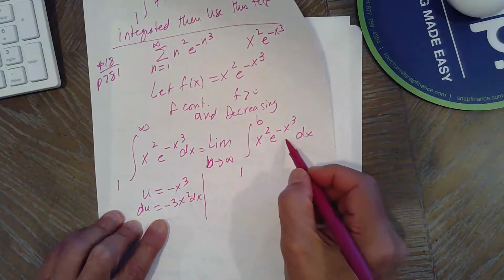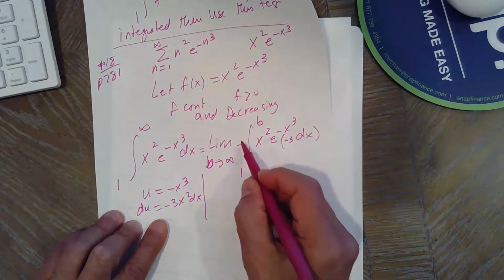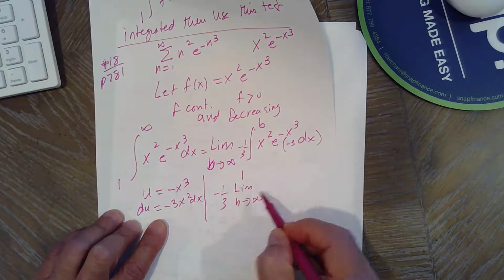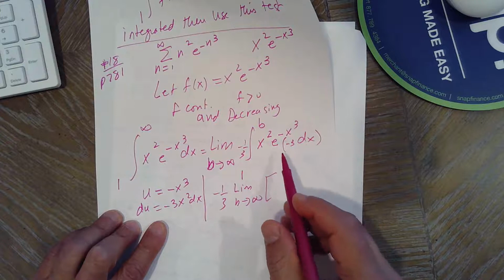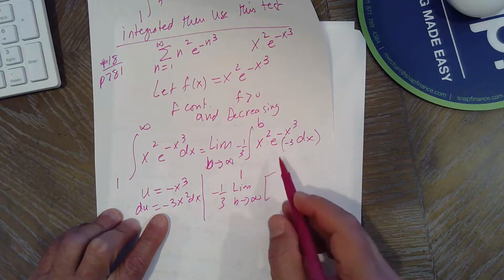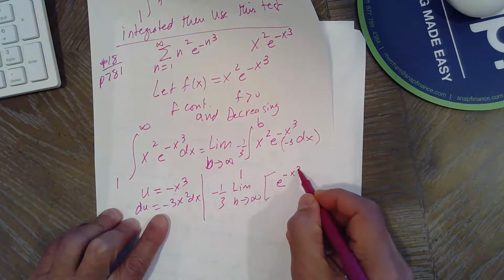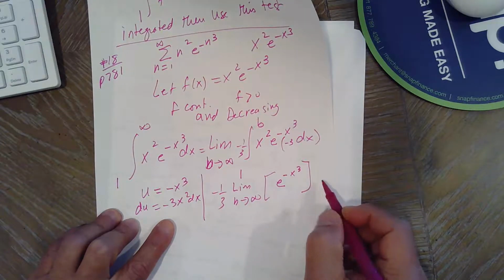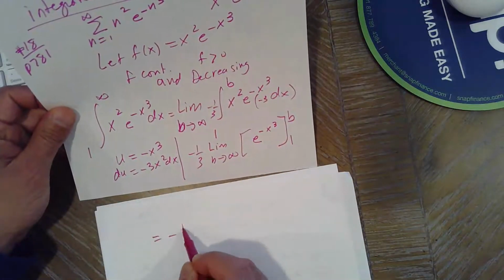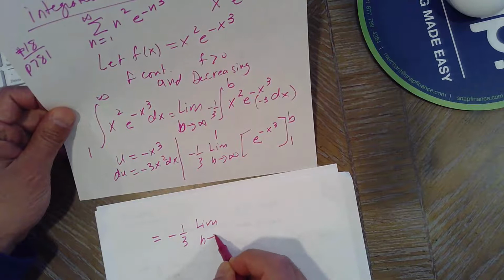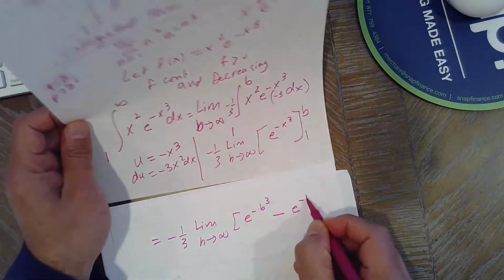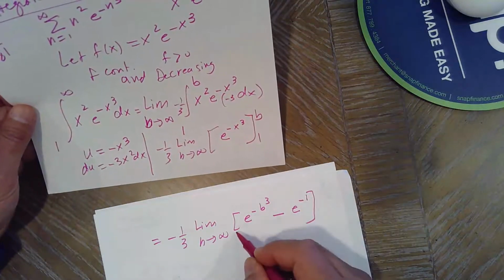So you need negative 3, and then you need negative 1/3, so it's negative 1/3 times the limit as b goes to infinity of, so you're going to have du and then e to the u, so you're going to get e to the u from 1 to b, which would be negative 1/3 times the limit as b goes to infinity of e to the negative b cubed minus e to the negative 1. e to the negative infinity is 0.